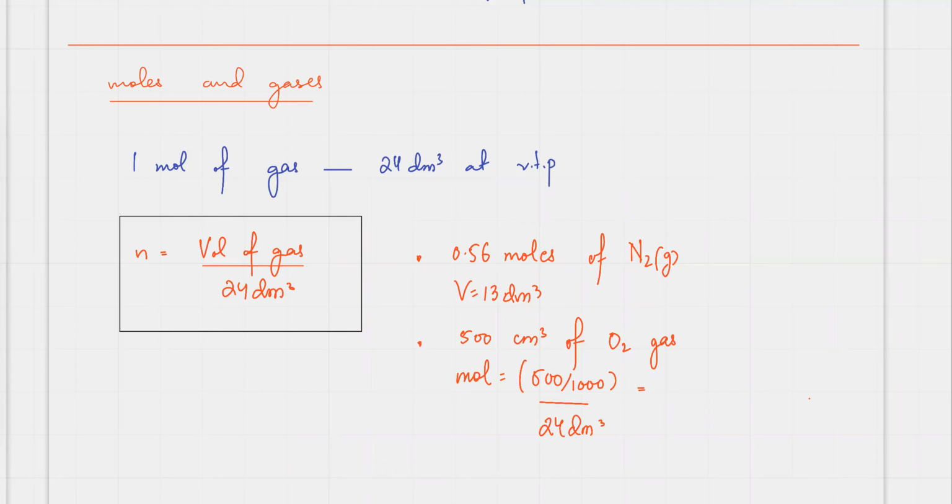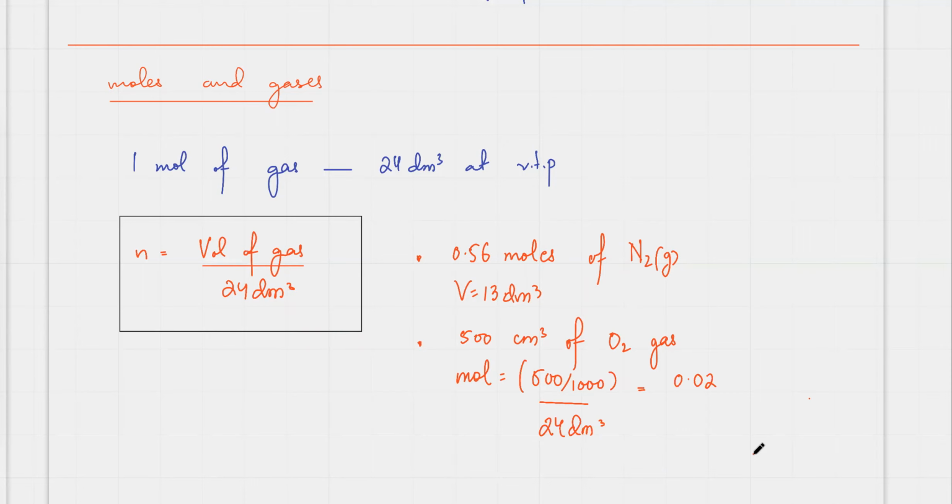So what do you get? Okay, it's volume of gas divided by 24 dm³. So what do you get over here? Quickly tell me, what are you getting? 0.20. 0.02.